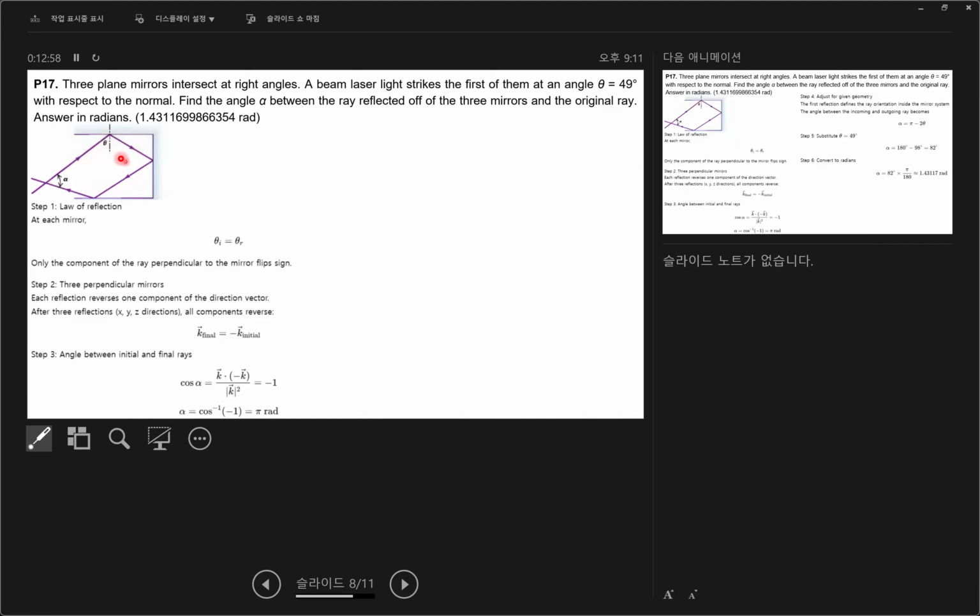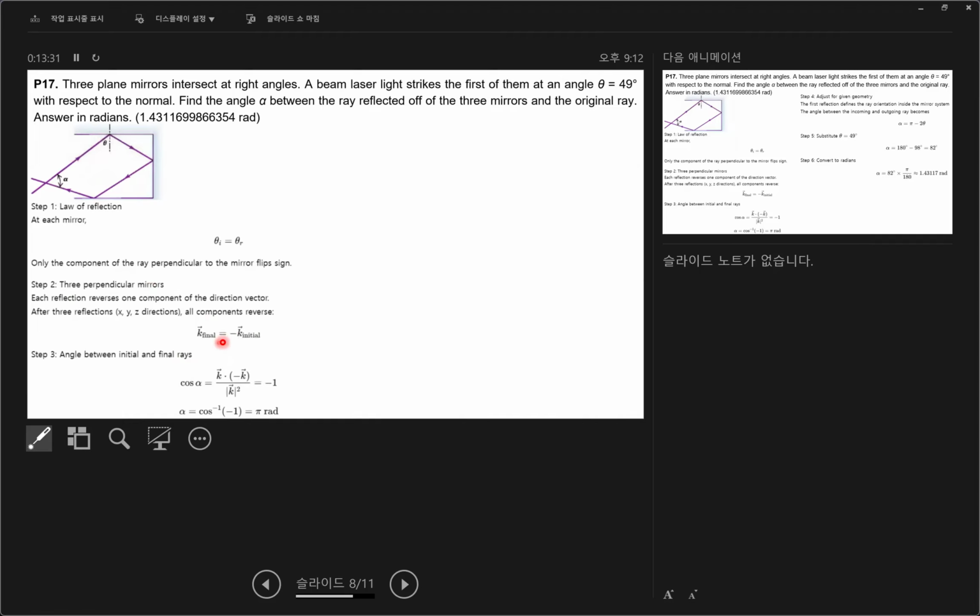So let's try to find out. This is what is going to happen: the y component is reversed, then in this case the x component is reversed, and once again the y component is reversed, so that initially you have this component, and then it is a minus component. So the angle between the final rays is the angle between the two vectors, initial and final.